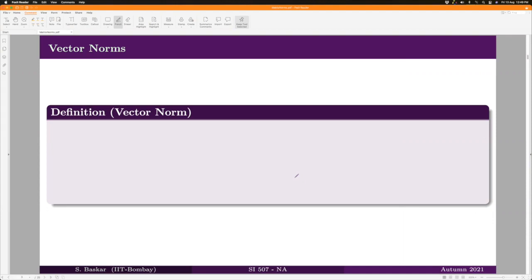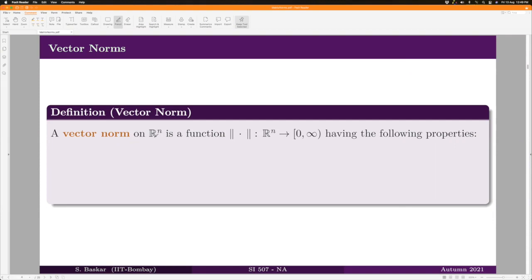Let us first define the notion of norms in the context of vectors. A vector norm on Rn is a function denoted by this symbol, which is from Rn to the interval 0 to infinity, having the following properties. Before listing the properties, let me just tell you something about this notation. Often students get frightened about this notation.